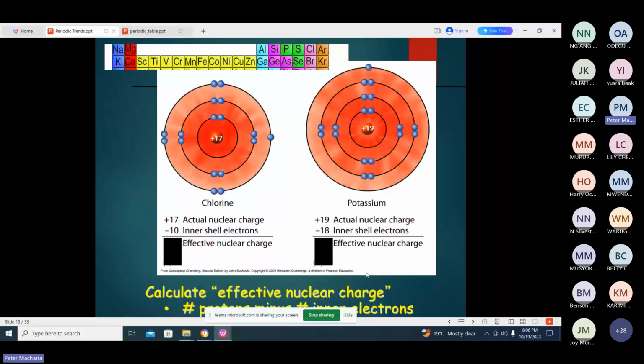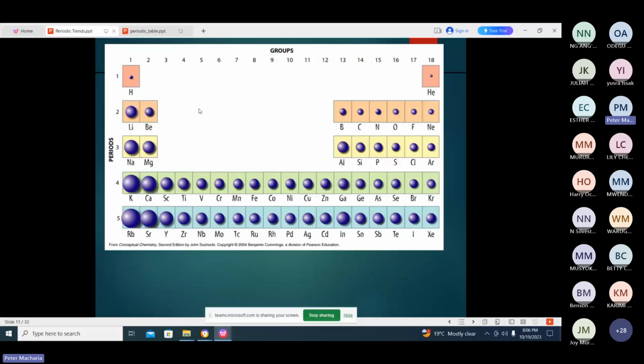Now, if we use this periodic table, we are saying that these elements, we can ignore hydrogen, in group 1 and 2, usually achieve the noble gas configuration by losing their 1 or 2 electrons in the outermost principal quantum level. And those electrons are usually taken by these elements either down the fluorine or down the oxygen, which only require 1 or 2 electrons to achieve a noble gas configuration and form negative ions.